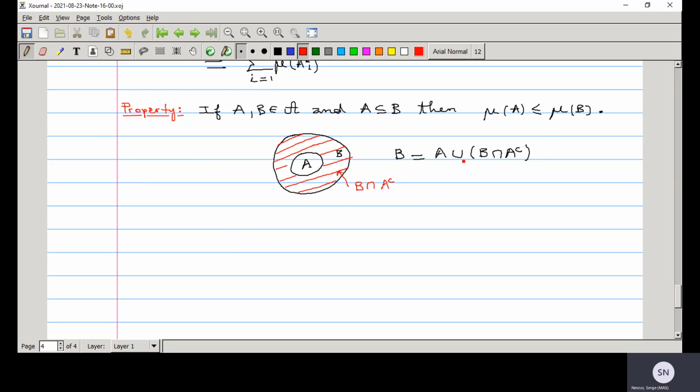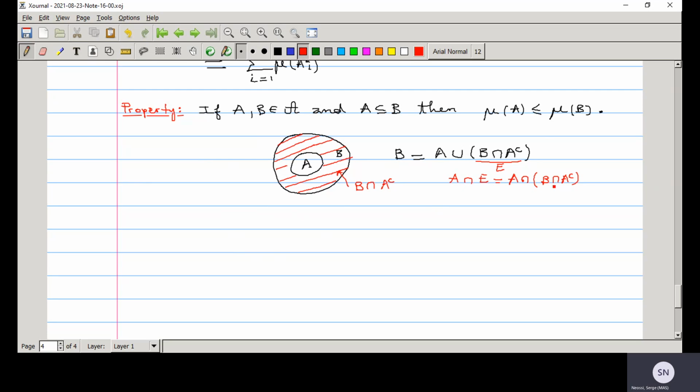You can convince yourself by writing this intersection. If we call this set E, A intersection E is equal to A intersection B intersection A complement.